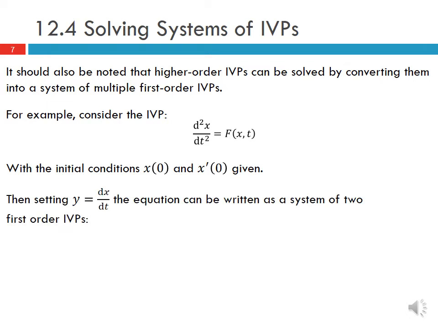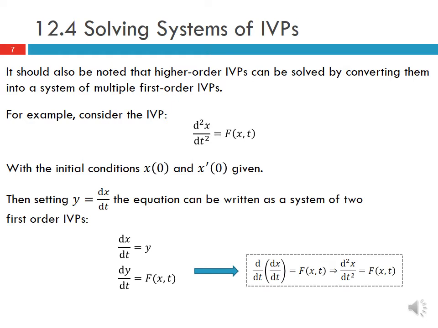We can do this by setting another variable y equal to dx/dt, and then the equation can be written as a system of two first order initial value problems. So dx/dt is equal to y, and then dy/dt is equal to f of x and t.